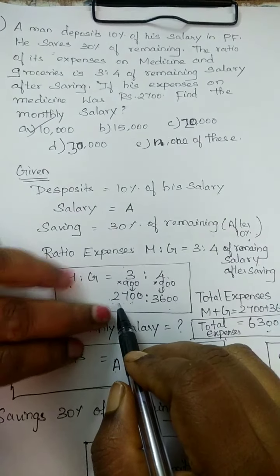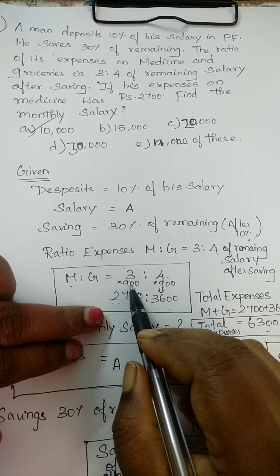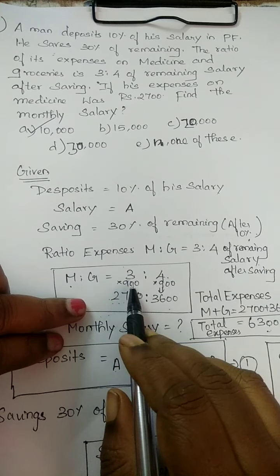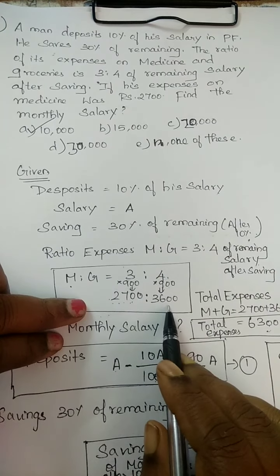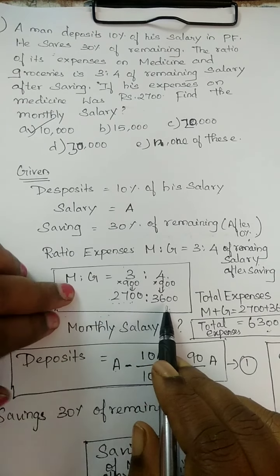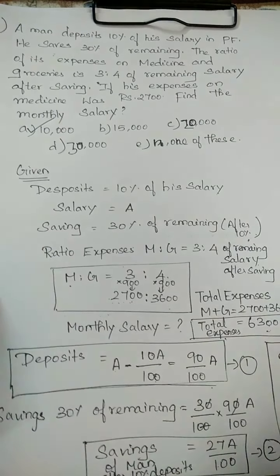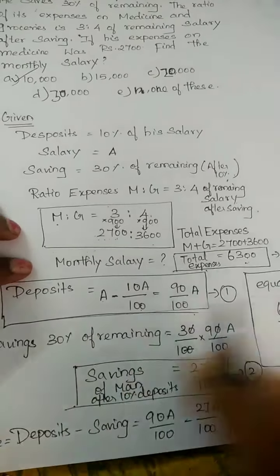So how will we get 2,700? By multiplying 3 with 900 we get 2,700. It's in ratio, no? So multiplying 900 with 4, we get 3,600. Hence the total expenses of medicine and groceries are 6,300. We have to find the monthly salary.